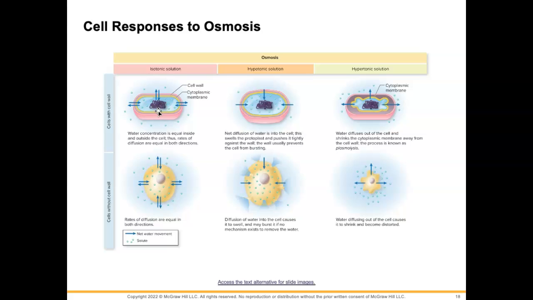So it is a happy medium. Water concentration is equal inside and outside of the cell, thus the rates of diffusion are equal in both directions. A little bit of water enters and a little bit of water leaves. So it stays like a seesaw, really easy, really even, and healthy.